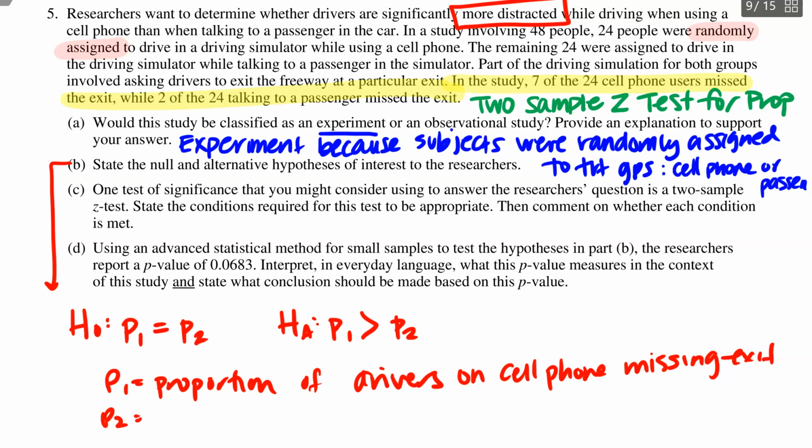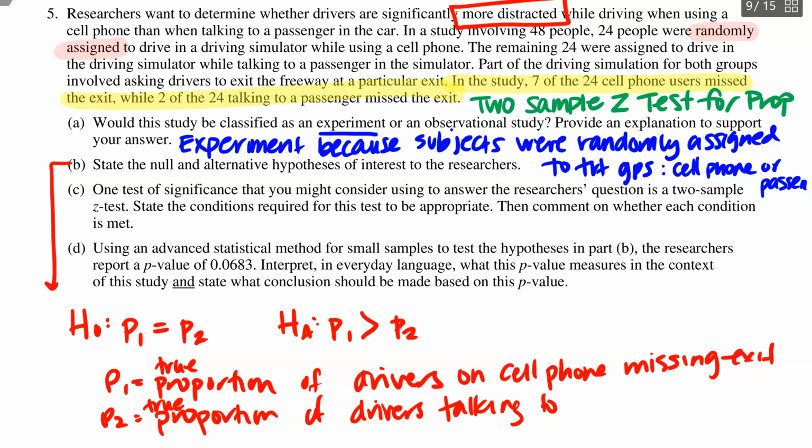And P2 is the proportion, and we could make sure we throw true in here to be cute about this, the true proportion of drivers talking to a passenger to miss an exit. Right? So we definitely need to define both, but recognizing we had 2 groups and this was proportions, we already got B down. Again, I really expect us to have to do a step B on the actual AP.